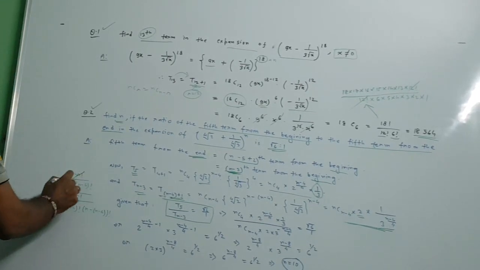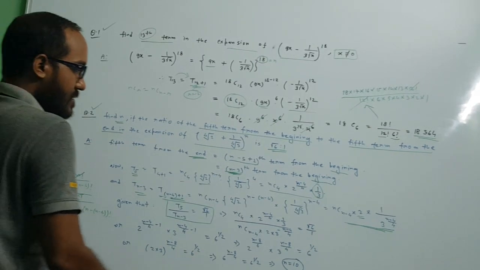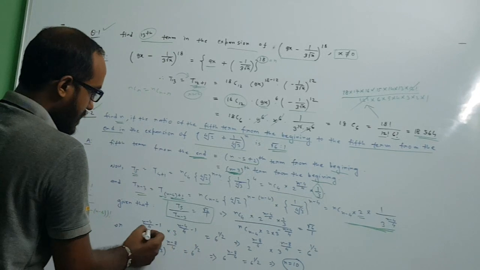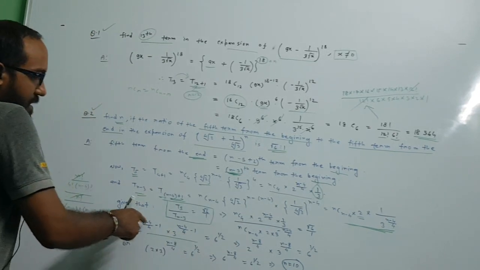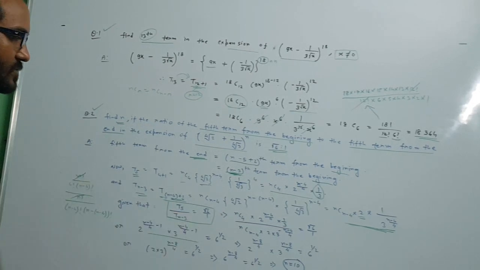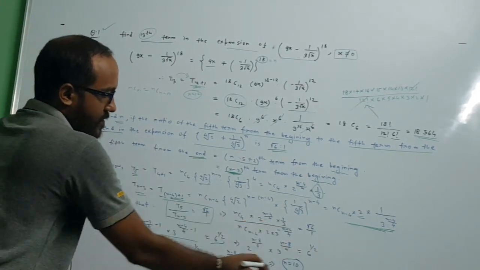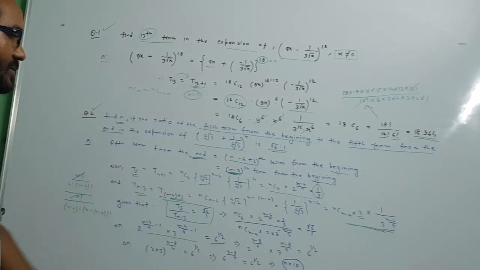Now this n factorial cancels out and simplify, you will get the next term as this, 2 to the power n minus 4 by 4 minus 1 and 3 to the power n minus 4 by 4 minus 1 equals this is 6 to the power half. Now simplify, you will get n equals 10 here.